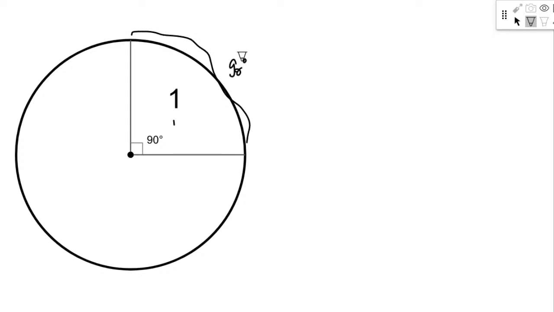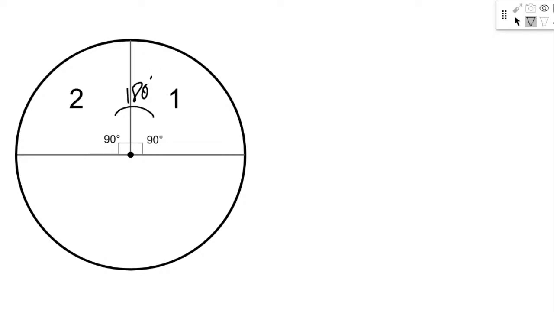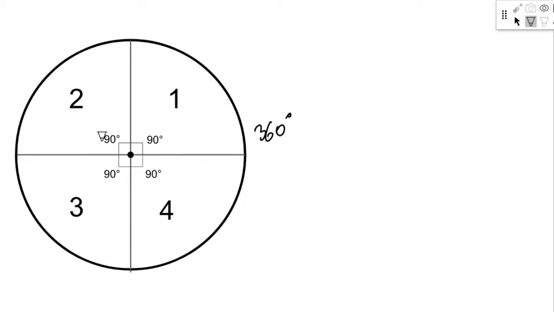But we'll talk about that later as well. So this is our first, this is our second, 90, 90, so it already makes 180 degrees. And the third makes 270, and with the fourth quarter we get 360 degrees. It's easy to remember because it's just 4 quarters of 90 degrees. One quarter of 360 makes 90.